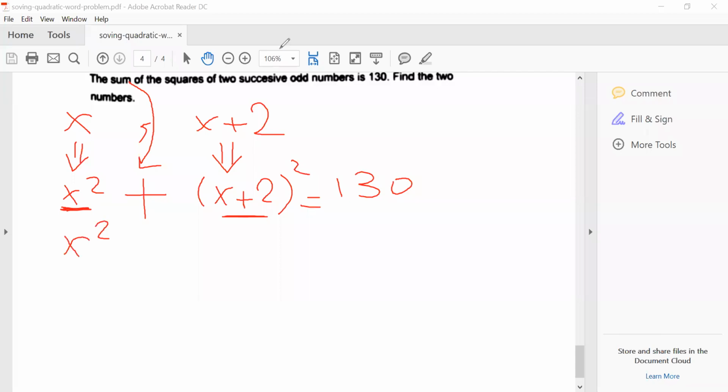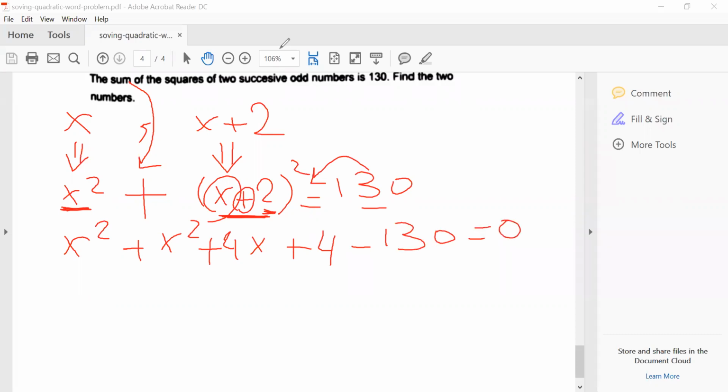I want to multiply this binomial: first squared, x squared; second squared, 2 squared is 4; 2 times first times second, 4x. The sign of the middle is positive, so it remains positive. Take negative 130 inside, negative 130 equals 0. Now I will add like terms, only like terms. x squared: do we have another x squared?